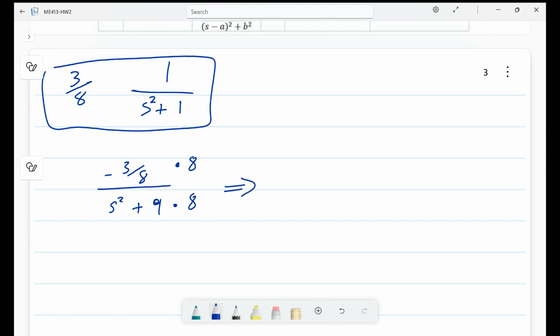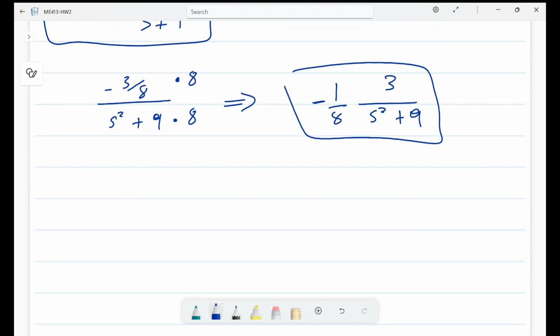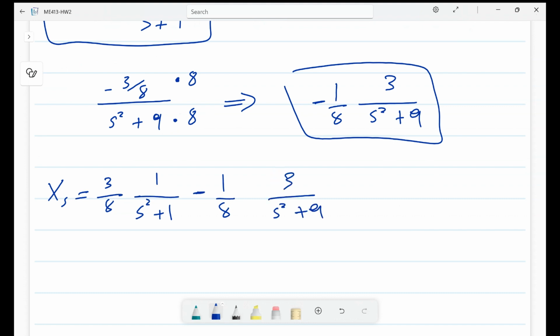So this will be minus 1 over 8, and here we will have 3 over s squared plus 9. So we have our two terms.